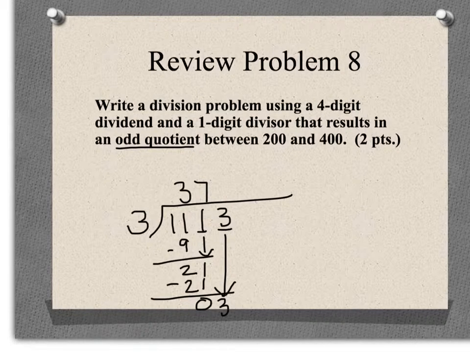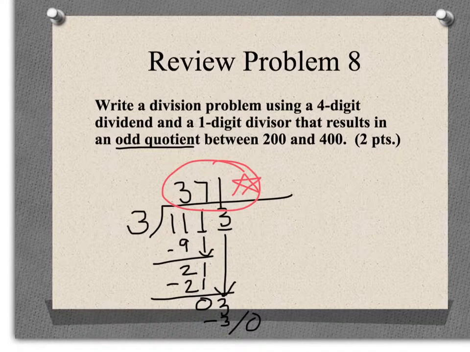When I bring down my 3, 3 goes into 3 1 times, and 1 times 3 is 3, giving me the quotient of 371, which is between 200 and 400. So my problem is 1,113 divided by 3. Notice how I used my division knowledge to work backwards to find that quotient? Guess and check is also a strategy that could work for this problem.